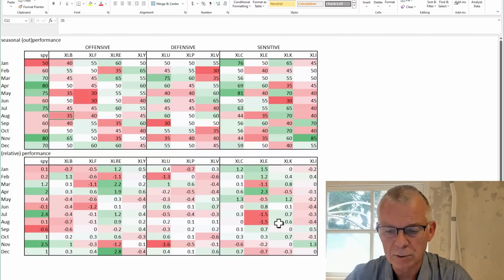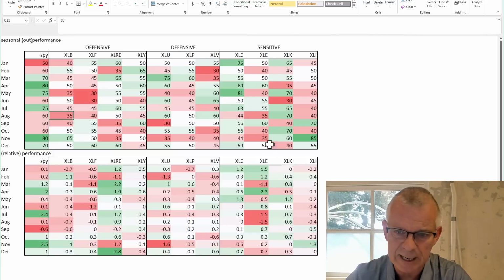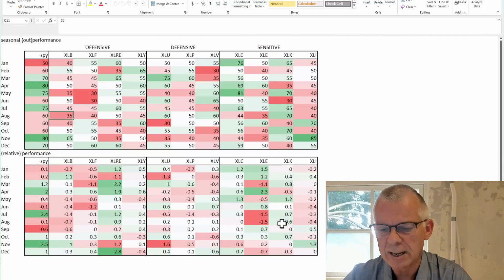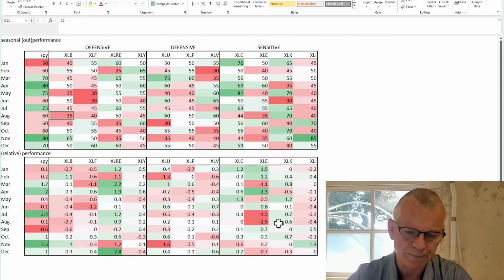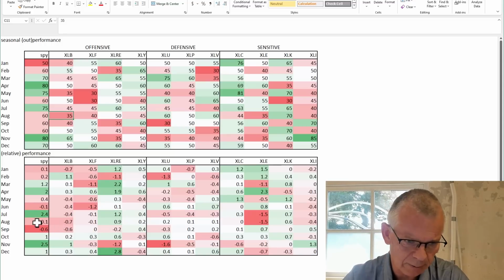And then we go to technology on the upside. So expected outperformance based on seasonal data. That means an expected return for the technology sector of 0.5%. 0.6 over August, so that's 0.7%. Am I doing this right?